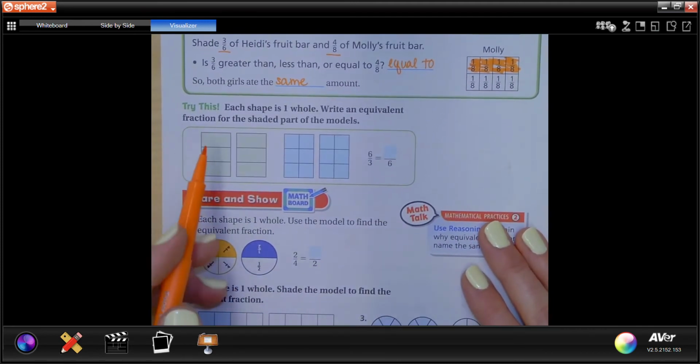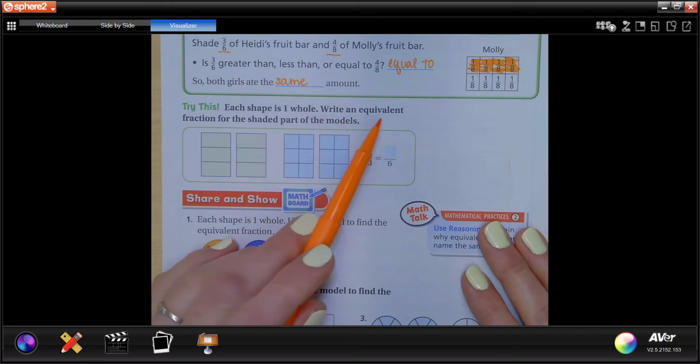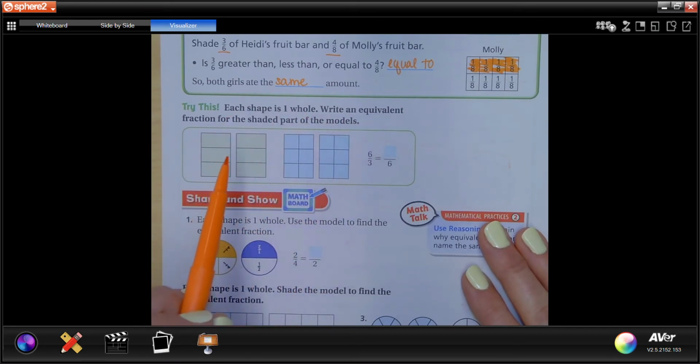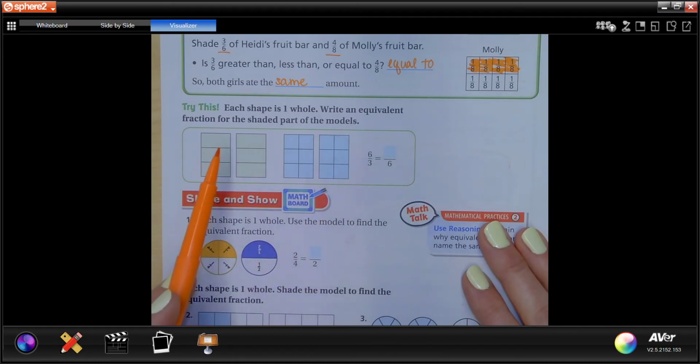Try this. Each shape is one whole. Write an equivalent fraction for the shaded part of the model. So with the green ones, we know that one whole has 1, 2, 3 parts. So 3 is our denominator. How many are shaded green? 1, 2, 3, 4, 5, 6.